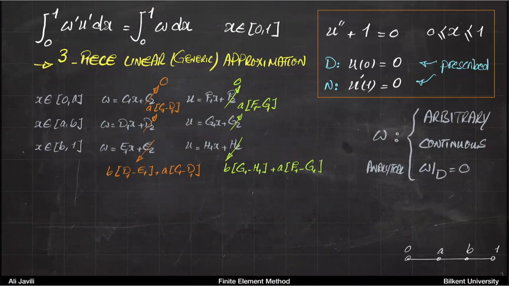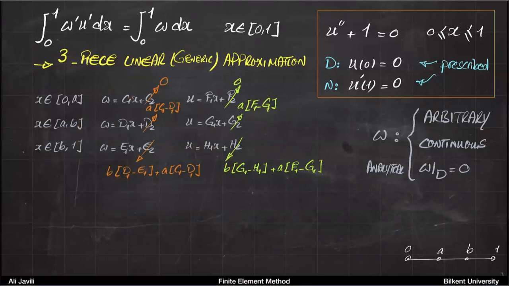What you want to do now is use this integral, your weak form, split it into three pieces, do the integration by inserting the values that you have here into those integrals, and that's all you have to do.